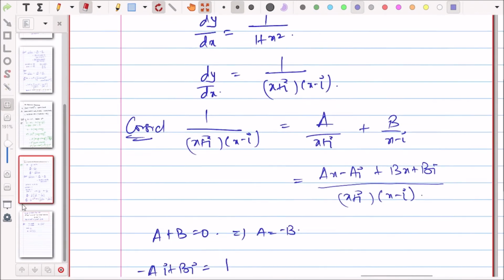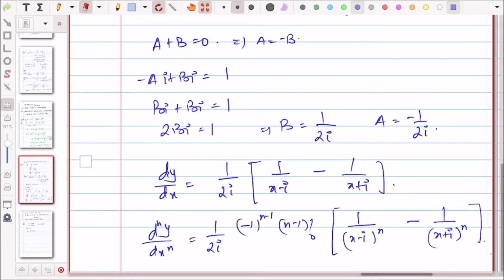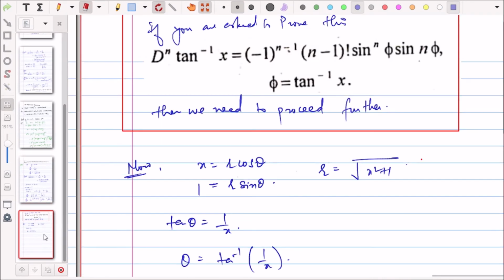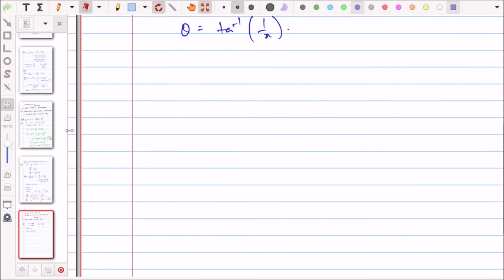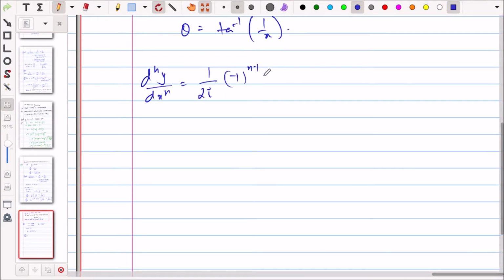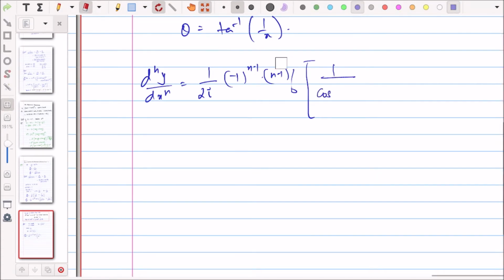So d^n y by dx^n will be 1 by 2i, minus 1 to the power n minus 1, n minus 1 factorial, this was 1 by x minus i to the power n minus 1 by x plus i to the power n. From both, 1 by r^n will come out common.